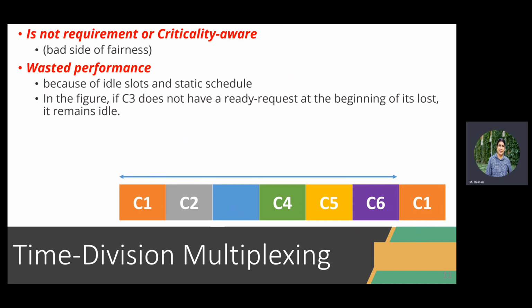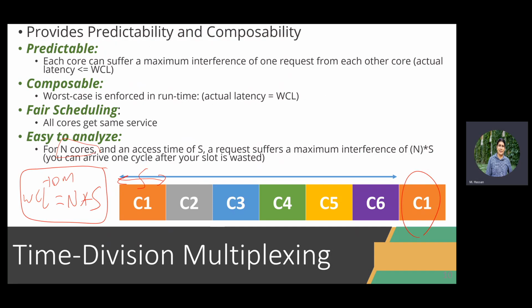Okay. So some of the disadvantages of TDM. It's not requirement aware. What do I mean? Well, we said it's fair, right? Which is something that is good. Every single core gets the same number of slots, but those cores are running different tasks, right?